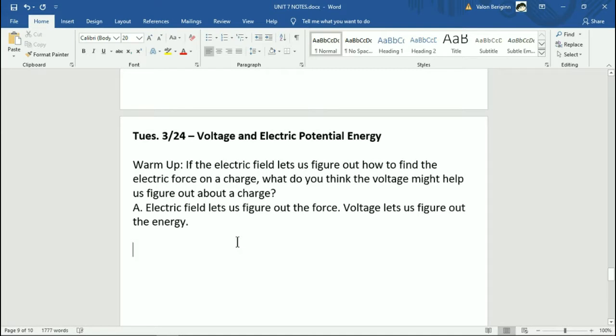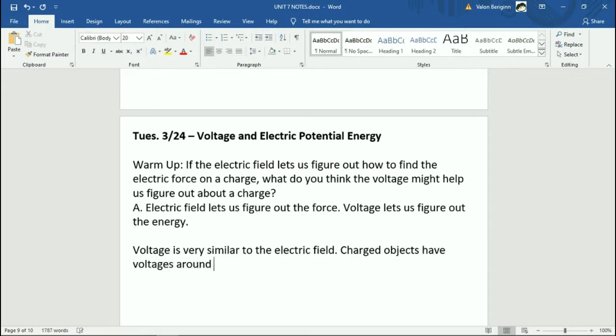So, let me kind of write this out in terms of new stuff. So, voltage is very similar to the electric field. Charged objects have voltages around them, and once you find what the voltage is, you can get the electric potential energy.